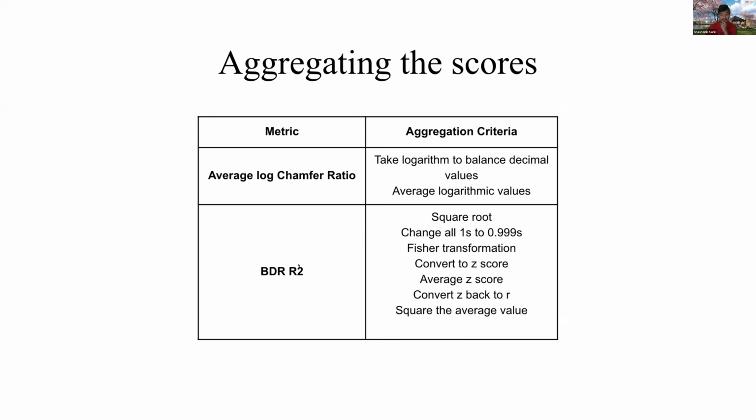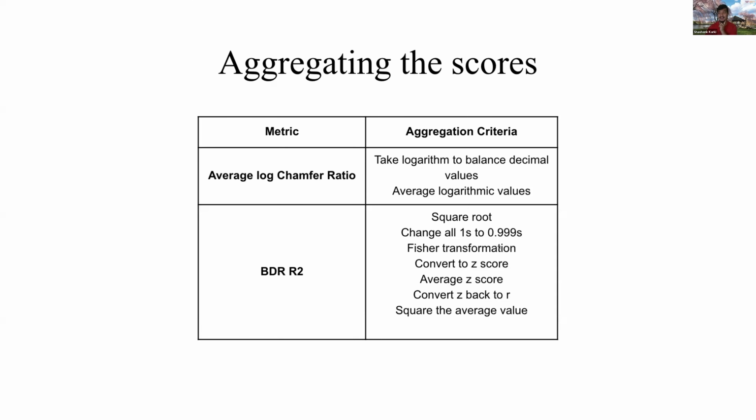And for the R square, Dr. Pringle mentioned that you could not directly average R square values. It does not make sense to. There is something called the Fisher transformation that converts the R value to a Z value, and you could average the Z values or Z scores. So I applied a Fisher transformation. On doing that, one thing I observed was all of the final aggregate R square came as 1.